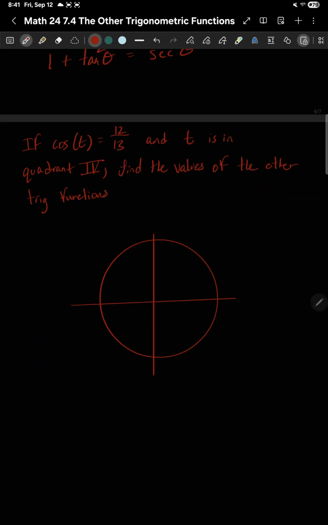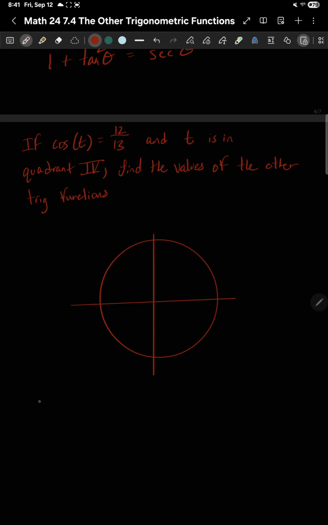All right, for the last example for this section, it says if cosine of t is equal to 12 over 13 and t is in quadrant 4, find the values of the other trig functions. In this problem, we're going to use the Pythagorean identities we just went over.